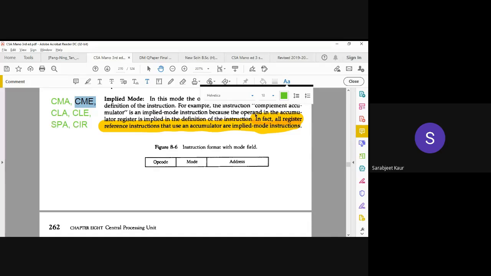In fact, all the register reference instructions that are done using accumulator are automatically in the implied mode. You remember I told you what is the speciality of accumulator vis-a-vis a data register or a temporary register? That in most of the operations it is already automatically implied. Now you can see that. Yes or no? Is this clear to you? Yes, ma'am.